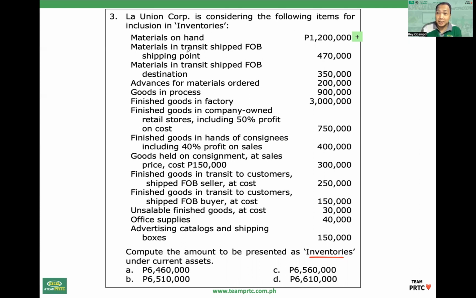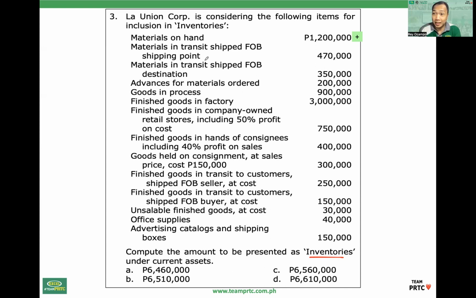Materials in transit. When in transit, the shipment terms are relevant, so that we know who the owner is. Again, owned, include. Not owned, exclude. Okay, terms: FOB shipping point. When FOB shipping point while in transit, who is the owner? The buyer.